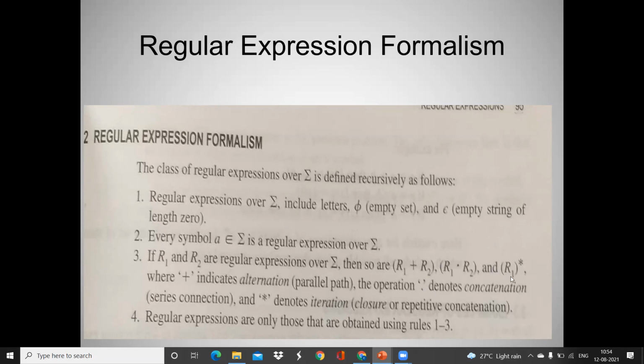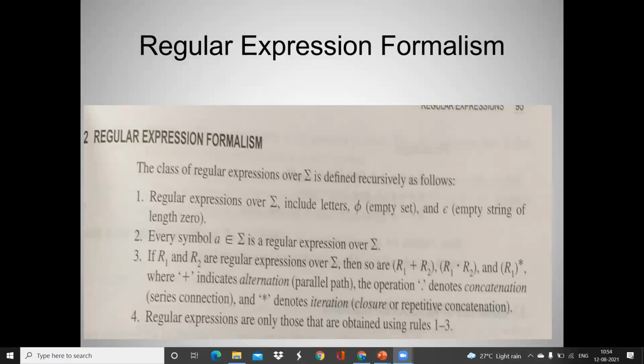And R1 star is used for repetition or closure. R1 star means the repetition is either zero or more number of times. When you say repetition zero or more times, it is just like your loops: a do while loop gets executed at least once, but when it executes zero times, it can be a for loop or a while loop.